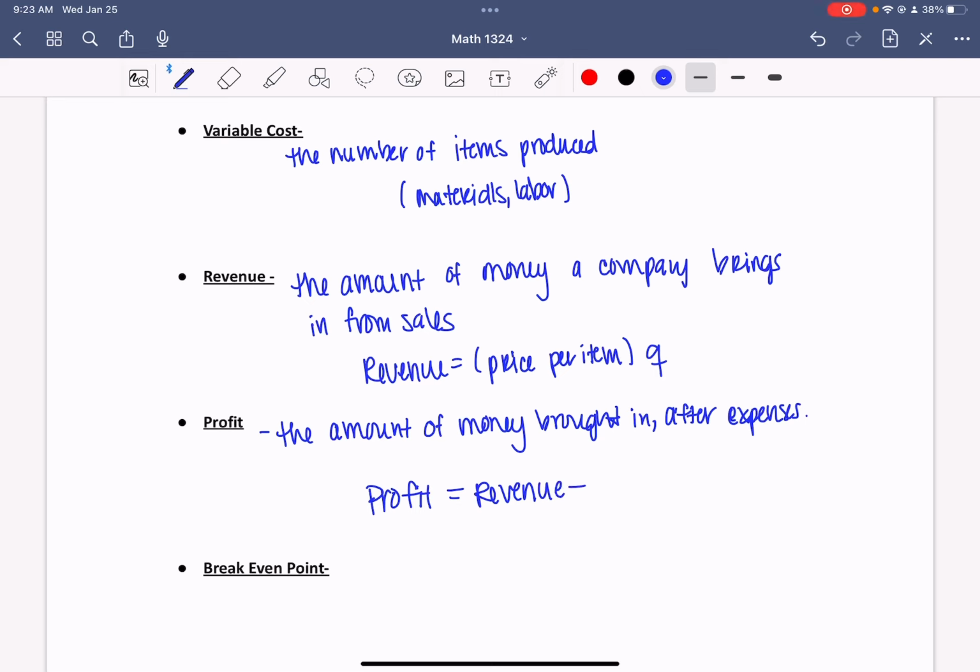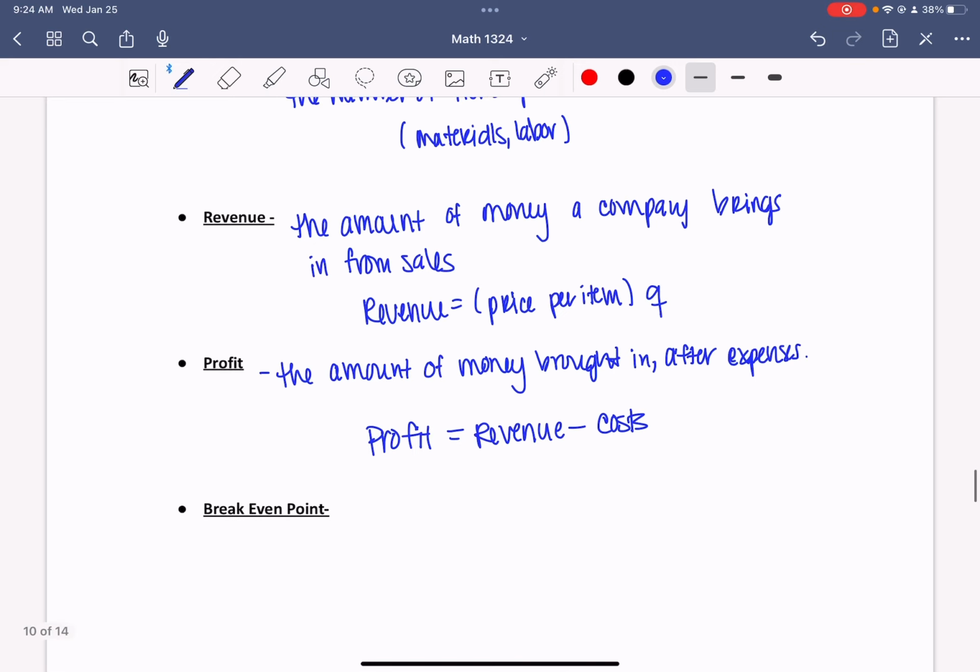That's when you take your revenue, how much money came in, and subtract all of your cost. And that's also where a lot of companies or startups go awry. They're like, oh my goodness, we're bringing in so much money, but they're not doing their profit equation or situation, and really their costs are too much. And so that's where like pricing your item really well, things like that are going to come in handy.